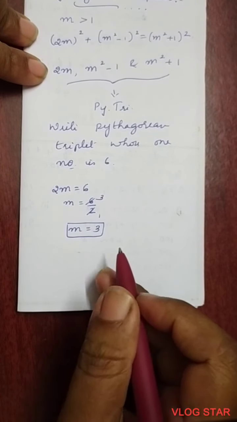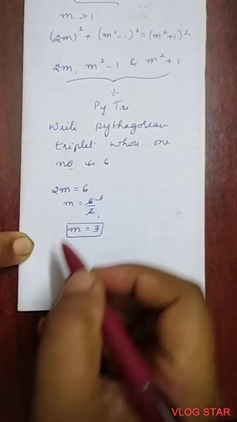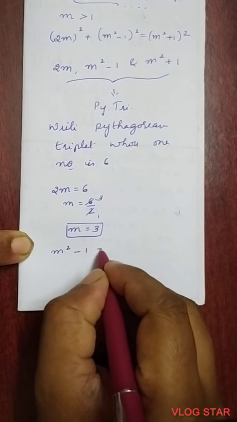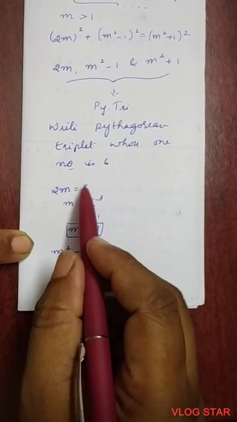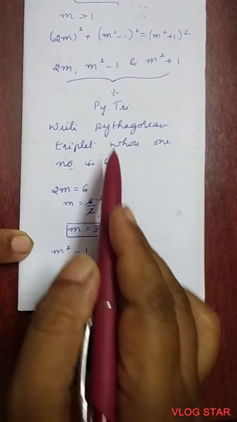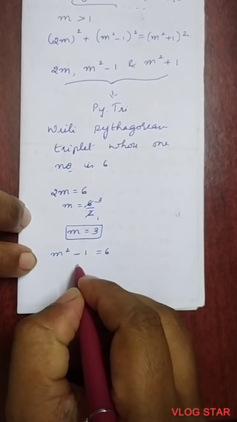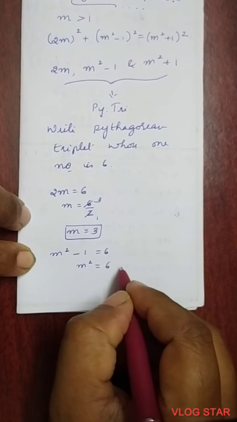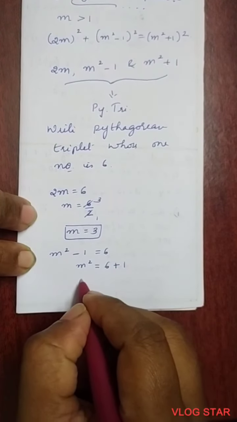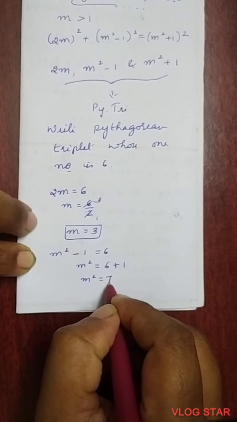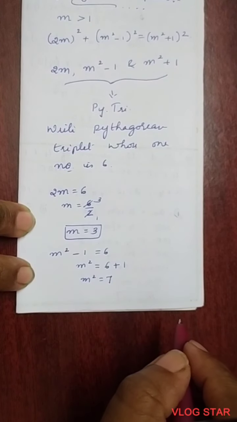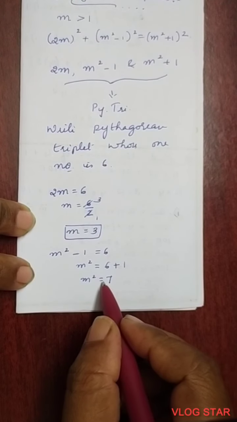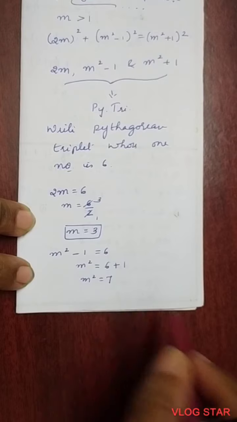Now we follow the second one, m² − 1 equal to 6. So m² is equal to 6 plus 1, m² is equal to 7. It is not a perfect square, 7 is not a square, so we cannot take this one.